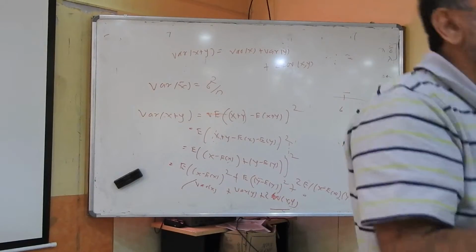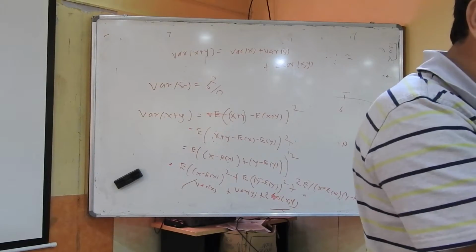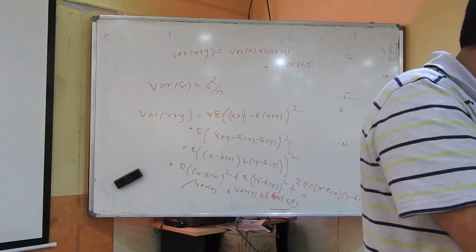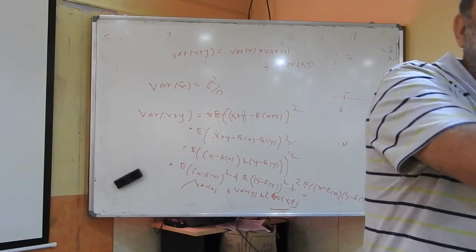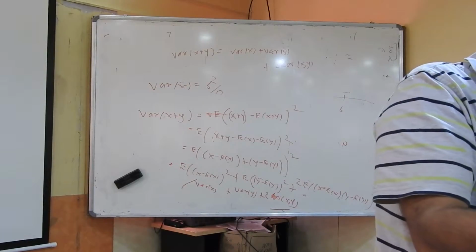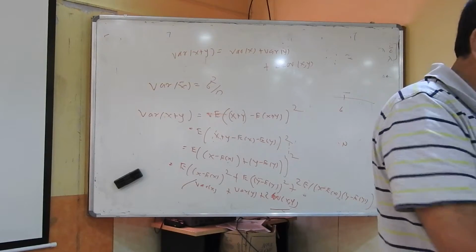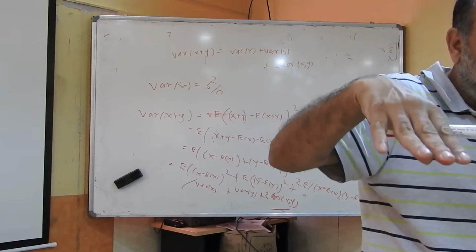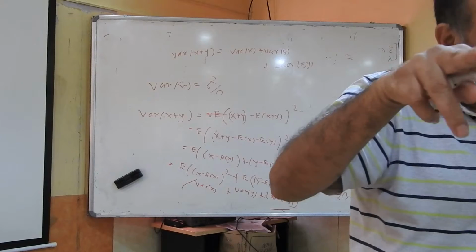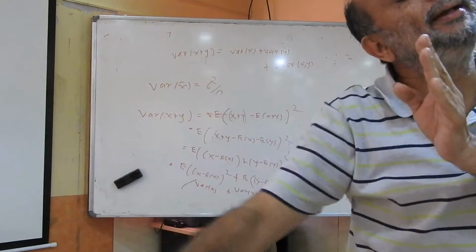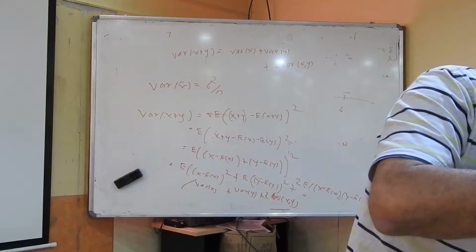So the total movement in this sum will be the movement in x, plus the movement in y that is caused by the movement in x, plus the movement in y, plus the movement in x that is caused by the movement in y.